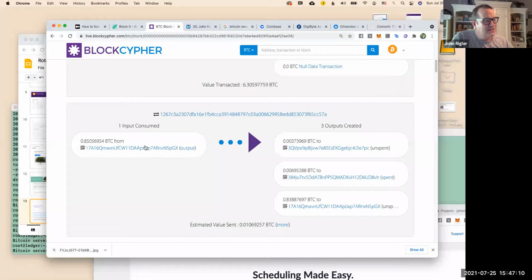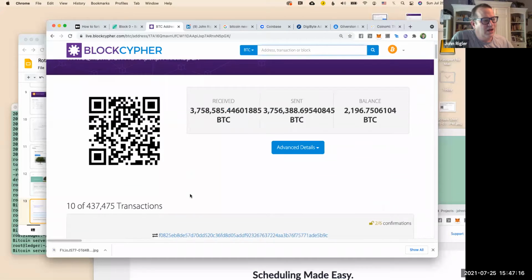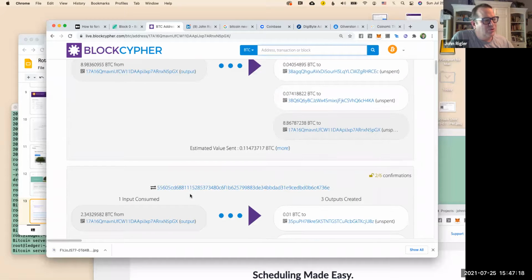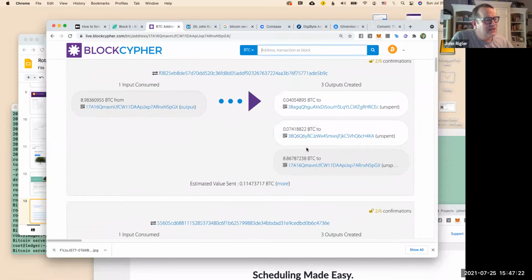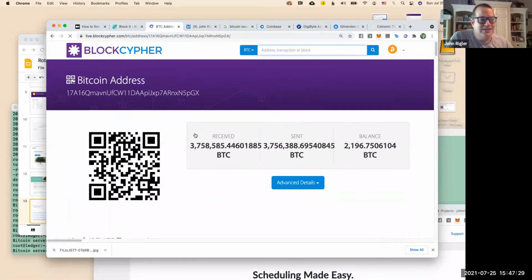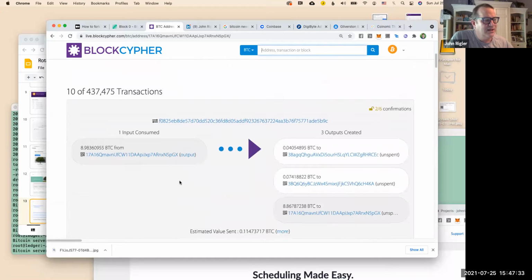Like this money that was in this account, if you click on that, it shows you where it came from, right? And maybe it was in this transaction, so you can keep going back all the way till when the Bitcoin was first created. You just keep clicking backwards.